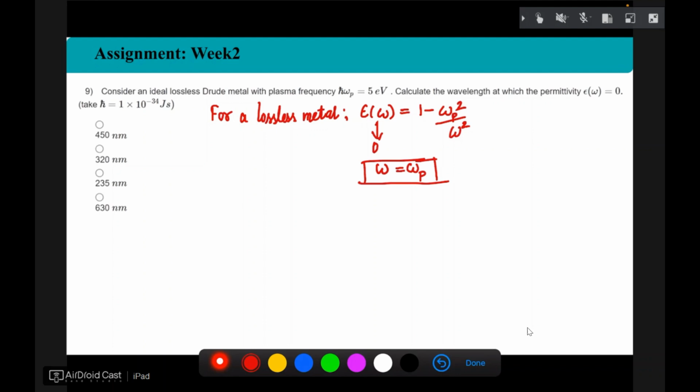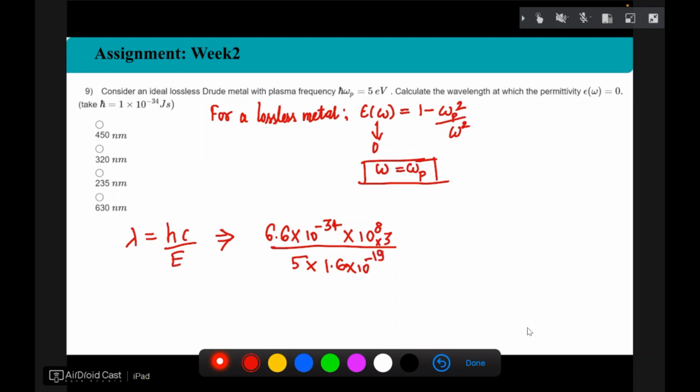So now E is equal to h cut omega. The unit of h cut is joule seconds, and we are given the energy in electron volts, so we will multiply it by the electronic charge, which is 1.6 into 10 raised to the power minus 19, to convert into joule second.